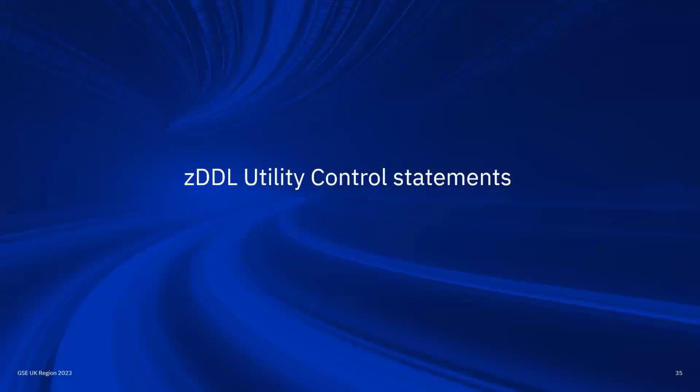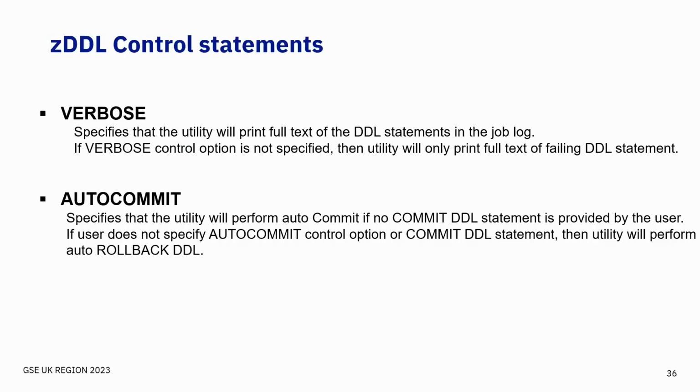So on the ZDDL utility control statements, you can specify VERBOSE. Verbose says that the utility will print the full text of the DDL statements in the job log, right? If you don't specify verbose, we'll only print, for each DDL statement, whatever can fit in the first 80 characters of the line, right?